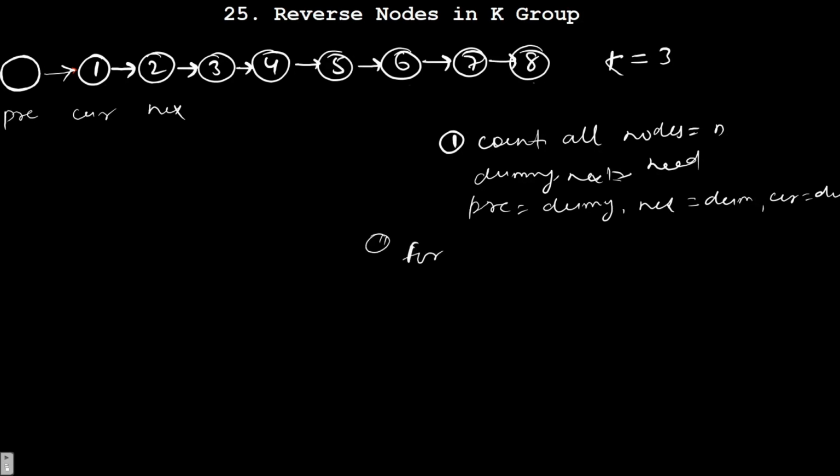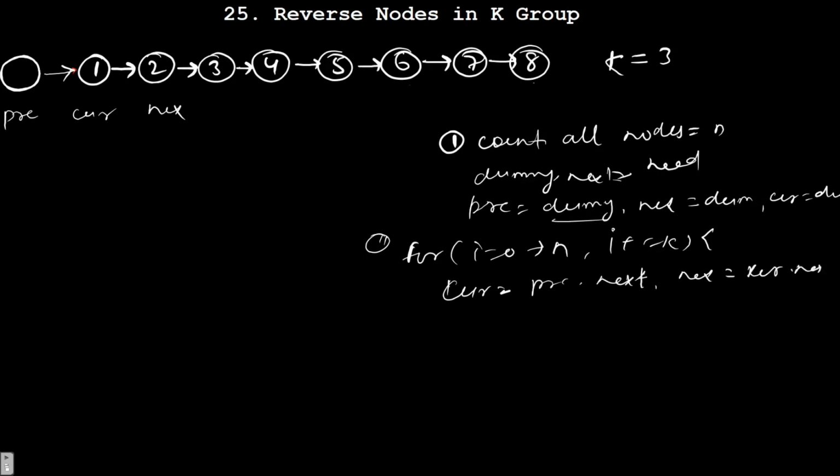The second step, we will be running a for loop for i equal to 0 to n, and every time we will be increasing our i by the size of K. Inside this we will be updating our pre, cur, and next. Pre is okay, we don't have to update that, we have to update our cur. Cur is going to be pre.next, and similarly next is going to be cur.next. Okay, so we have placed our pre, cur, and next at the right position.